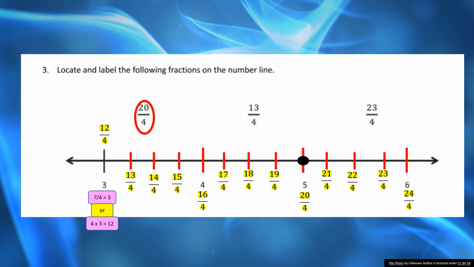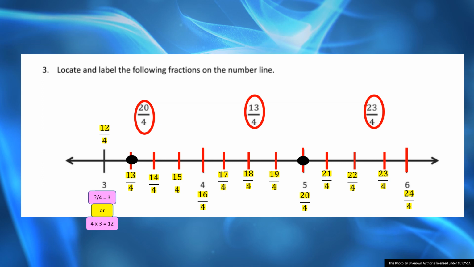The next fraction that it tells us to locate is 13/4. So locate 13/4 on your number line and plot a point or place a dot on the line where 13/4 is located. And the last fraction that it tells us to locate is 23/4.